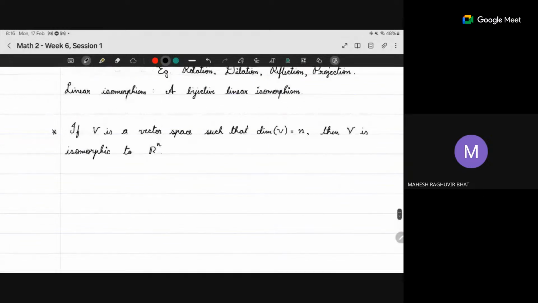So V is isomorphic to Rn means that there is a linear isomorphism from V to Rn. As we were discussing earlier, V has a basis of size n because its dimension is n. Let's just call it V1, V2, ..., Vn.